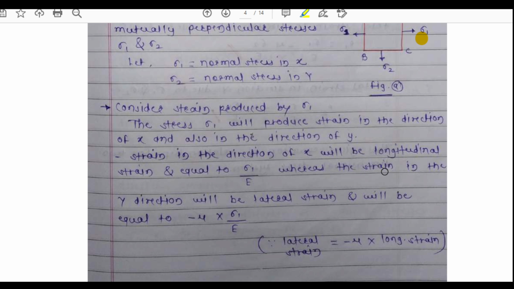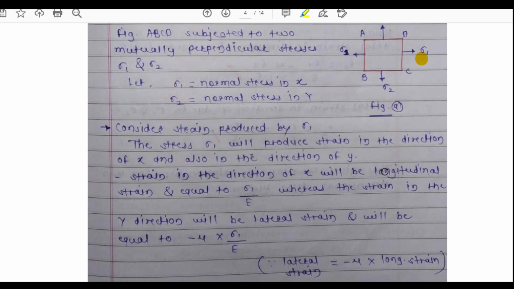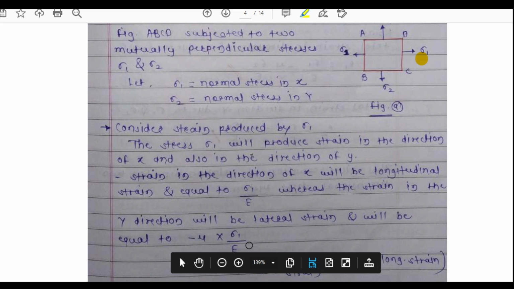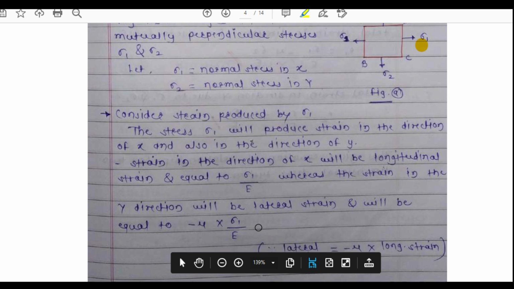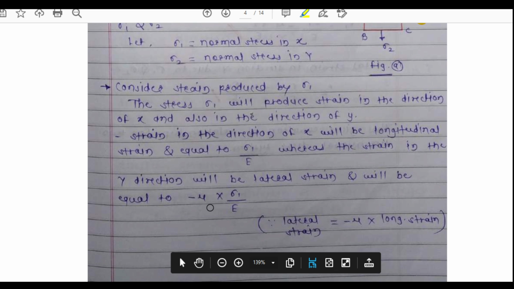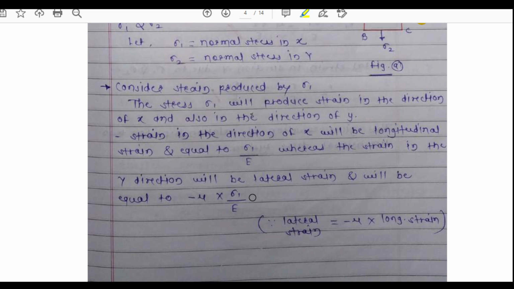Whereas what will be the strain in the y direction? The formula for Poisson's ratio we can use here. The lateral strain in the y direction can be written as minus mu into longitudinal strain.